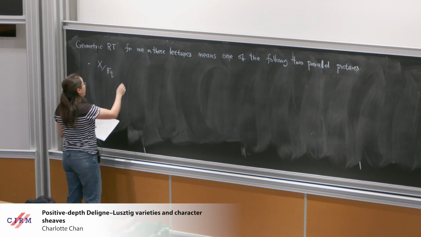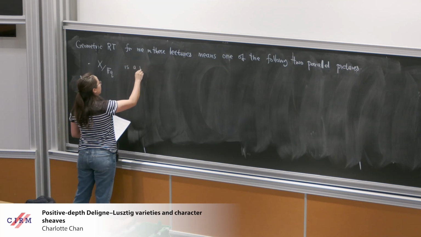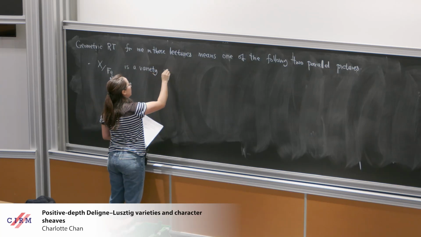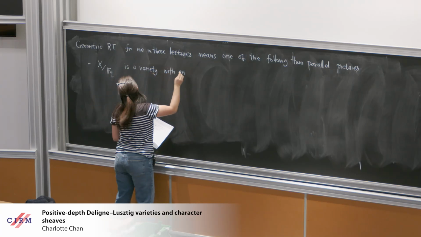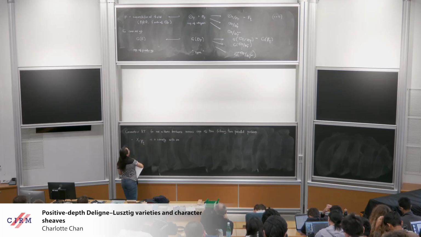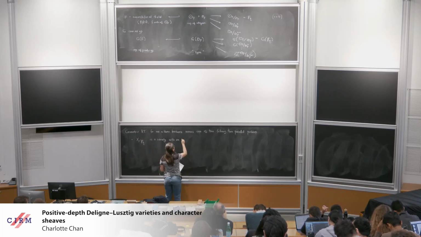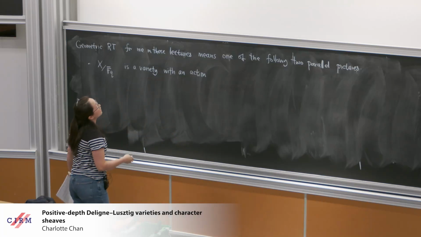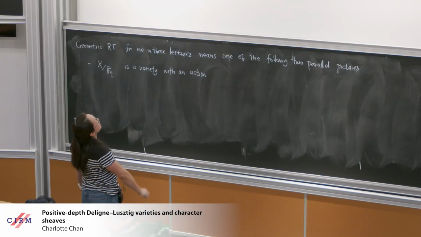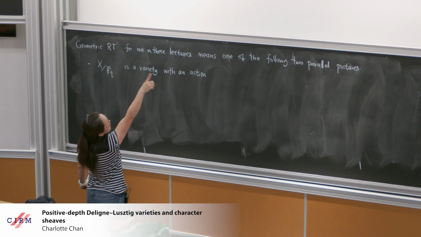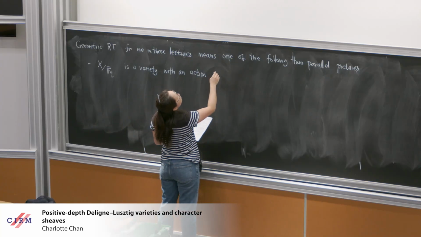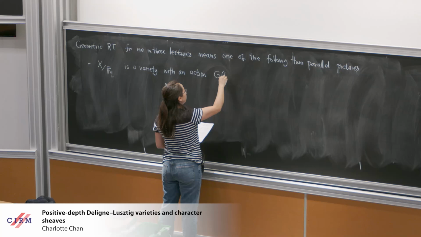So say this is a variety with an action of some group, and the group that I will often take is G of FQ or any of the finite groups on the right. But let me write this down for G of FQ.